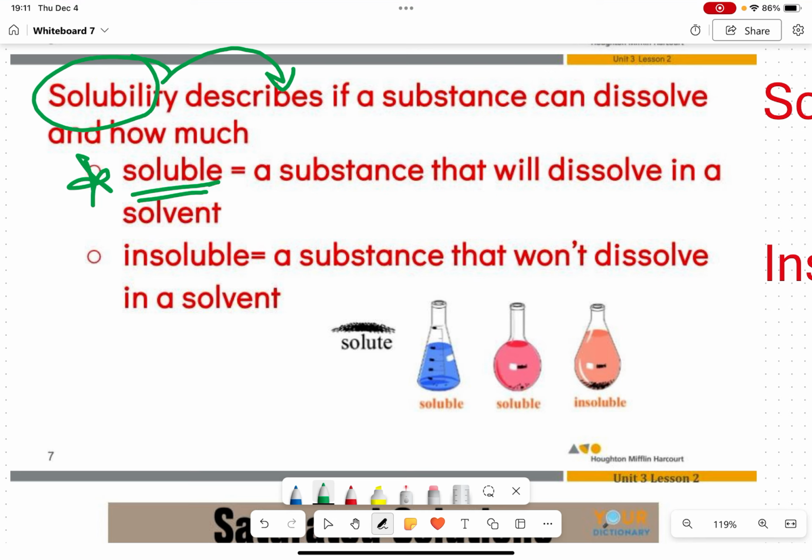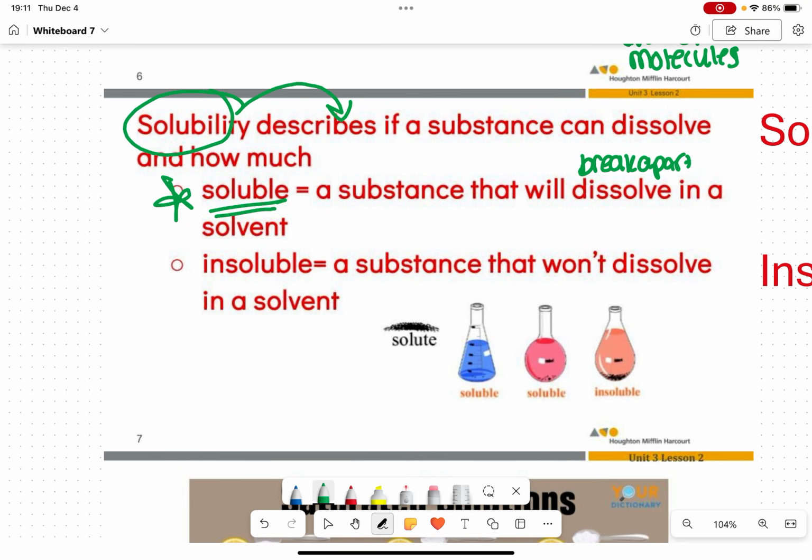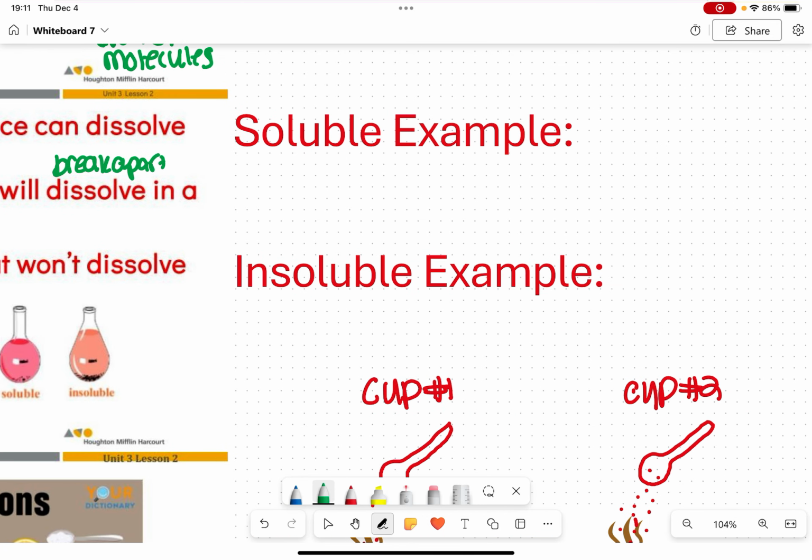Soluble means that a substance will dissolve in a solvent, that it will break apart. An example of something that is soluble would be sugar. Or something else that could break apart in water could be Kool-Aid mix.